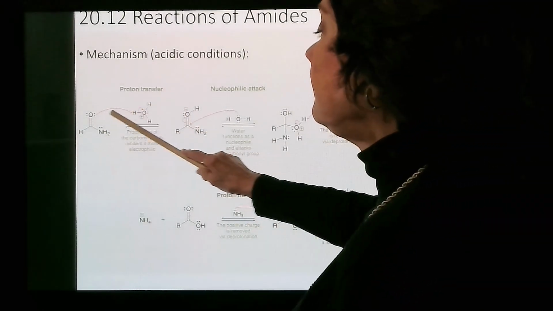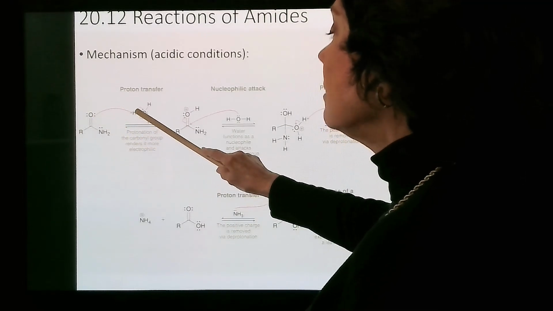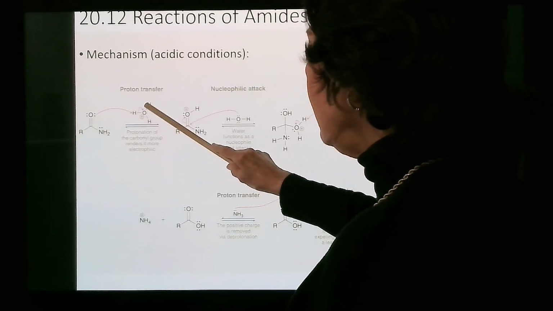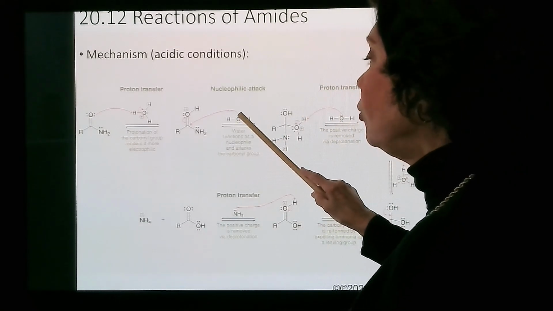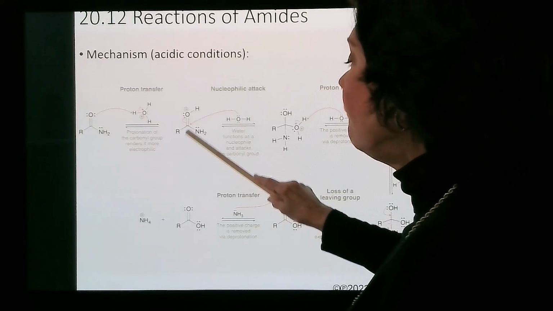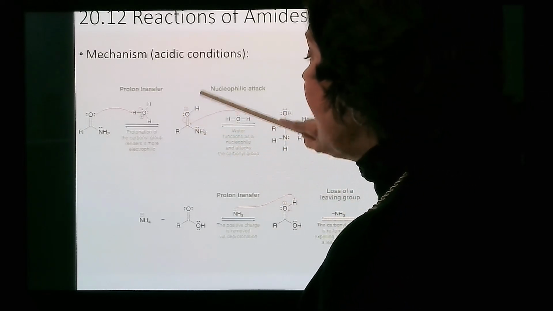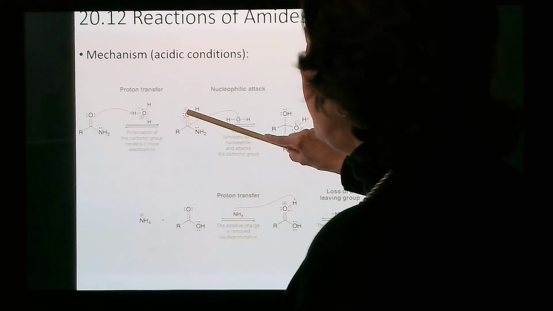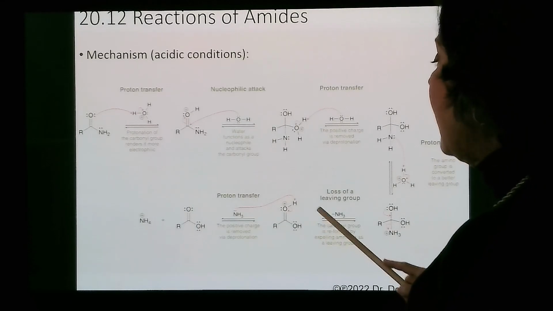A pair of electrons on oxygen picks up a proton and leaves you with water. A pair of electrons on oxygen here comes in for attack, and remember the carbonyl is activated because you've protonated it. Then the pair of electrons in the pi bond moves out onto oxygen.